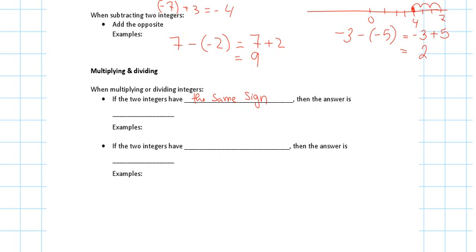So let's look at an example. Remember that I'm multiplying or dividing. So if I have 2 times 3, what does that give me? 6. Positive, positive, my answer is positive, yes? Good.